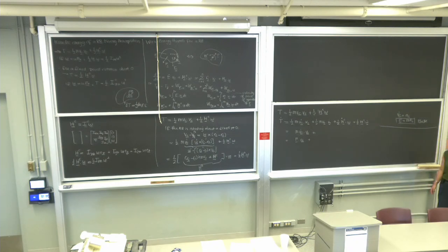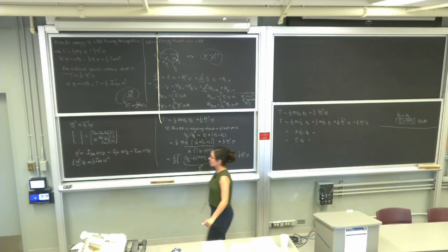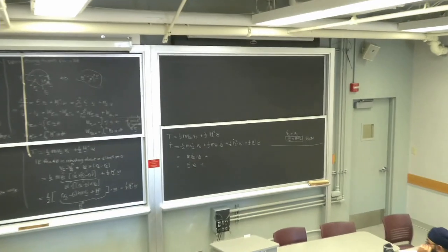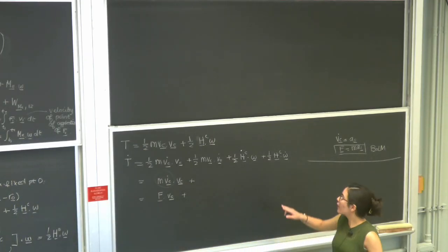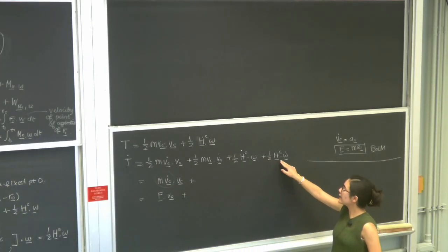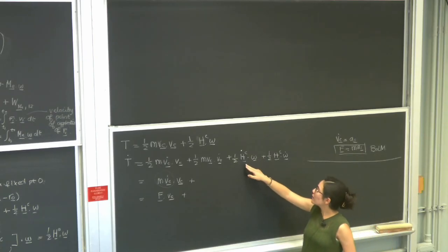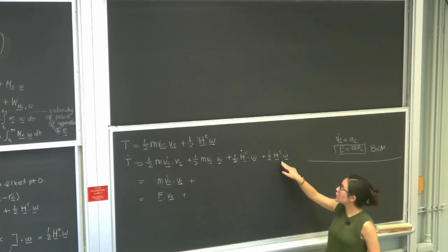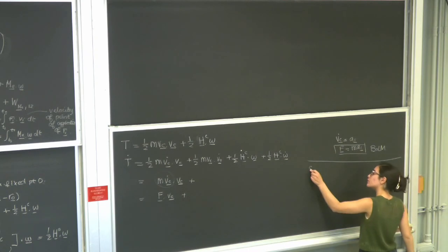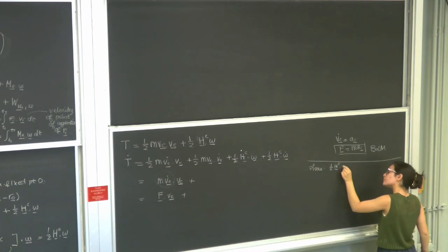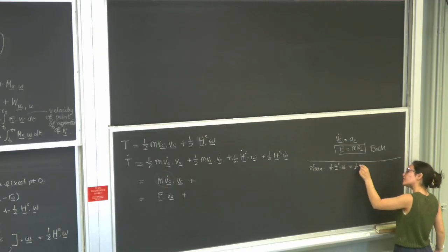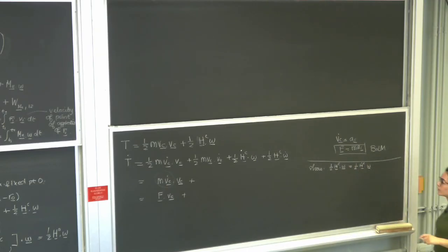Any questions before we continue though? What I want to show right now is that half H_C dot omega dot is equal to half H_C dot dot omega.